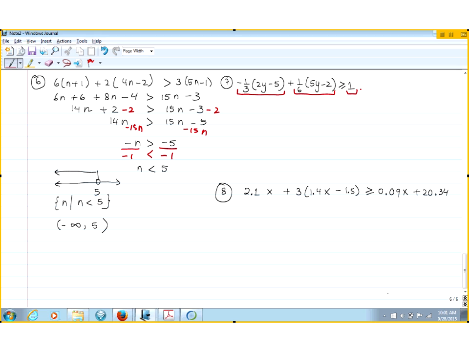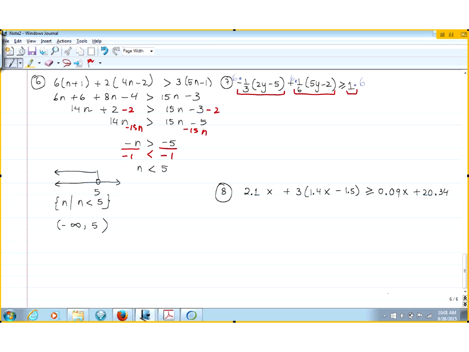So will you remember that? Okay. So let's multiply by the LCD. What is the LCD? 6. So this is 6 times 6, and here times 6, and here times 6. So each term we will multiply by 6. Good.